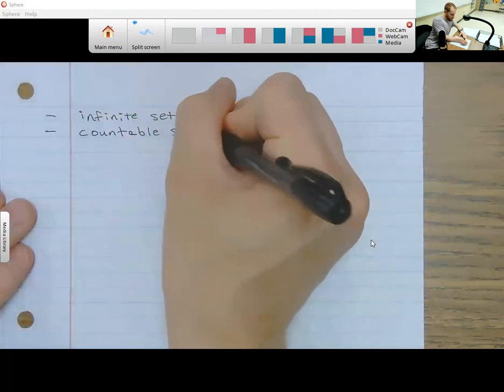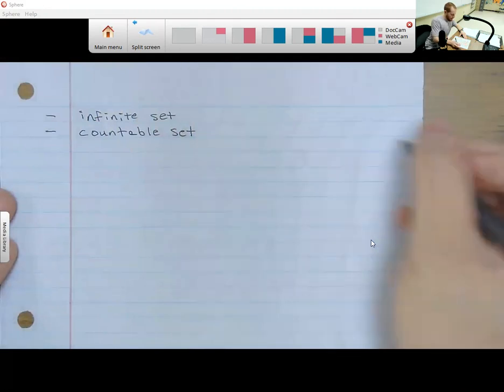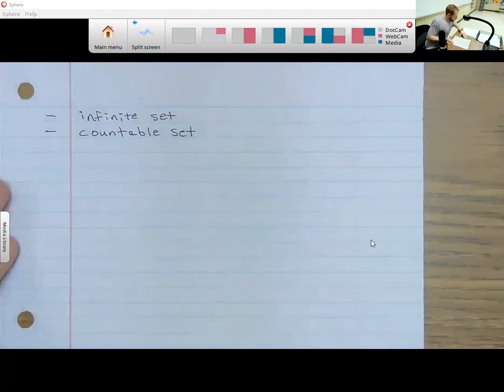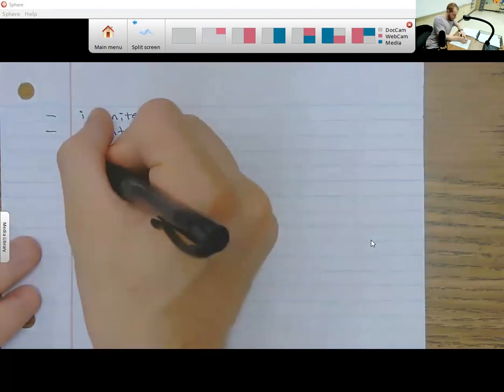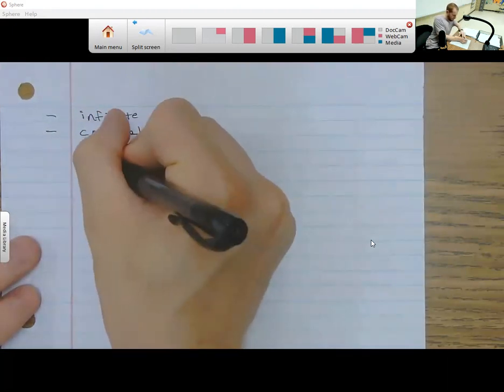That means you can list them all in a sequence. So it's an infinite set, it's a countable set. So that's the set of all fractions. Now we're going to move on to the irrational numbers. So let's talk about those.